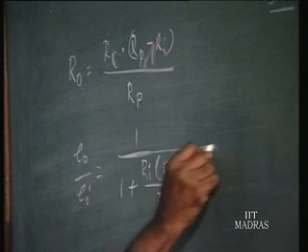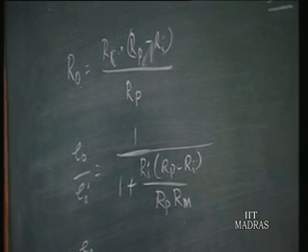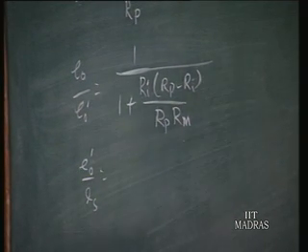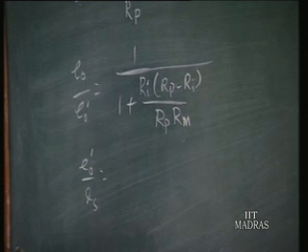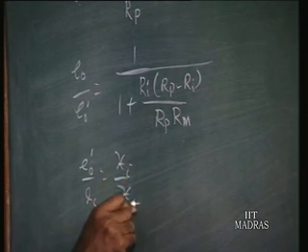Now this expression can be transformed in terms of Xi and Xt, and also Es in place of Eo dash, by using the equation Eo dash by Es is equal to Xi by Xt. This is one relation.